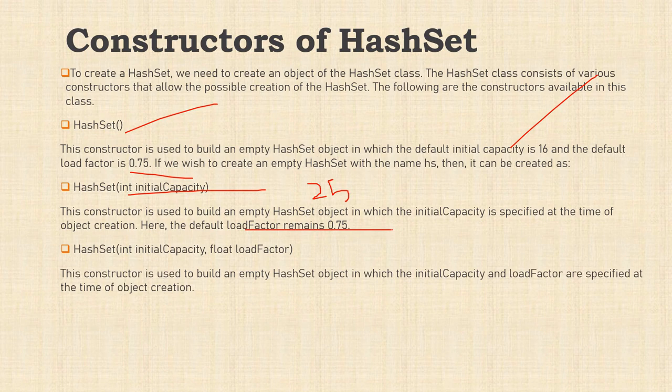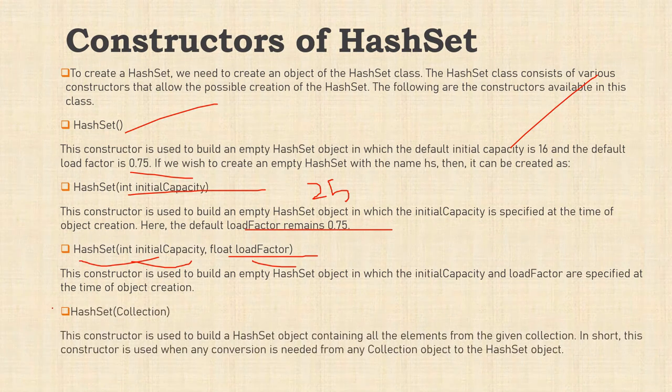Third, HashSet with initial capacity plus load factor: you can provide a custom initial capacity and a load factor, if you don't want the 0.75 load factor, according to your need. The fourth constructor is HashSet with collection. You can use a collection here as a parameter and create a HashSet. If you use a list also, you will get all unique values.